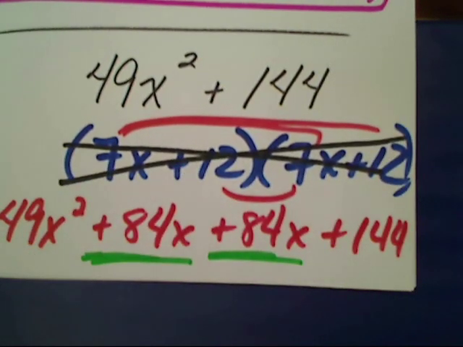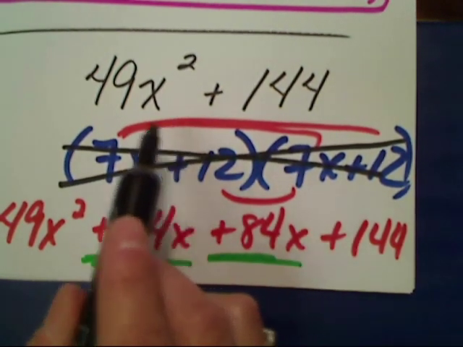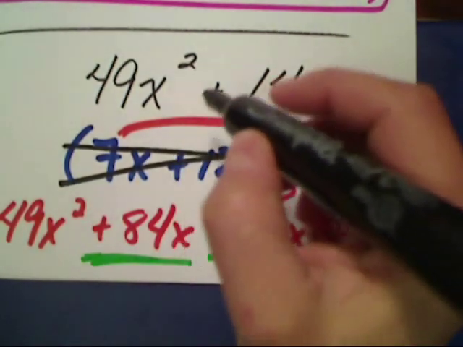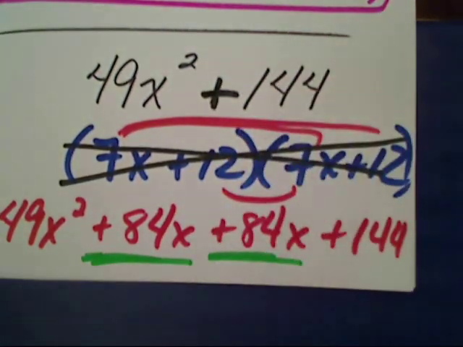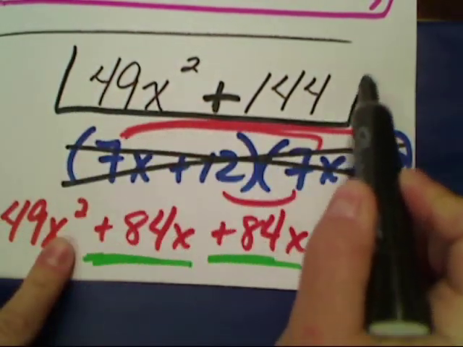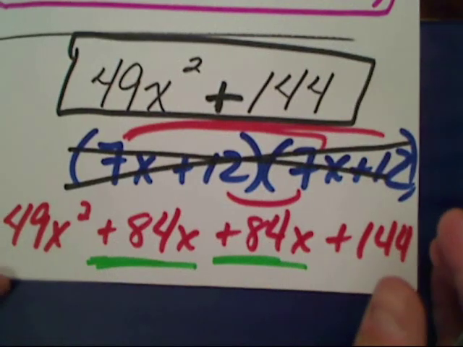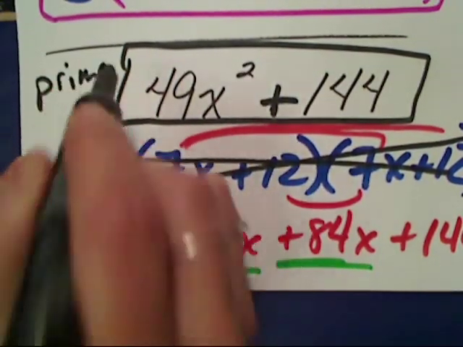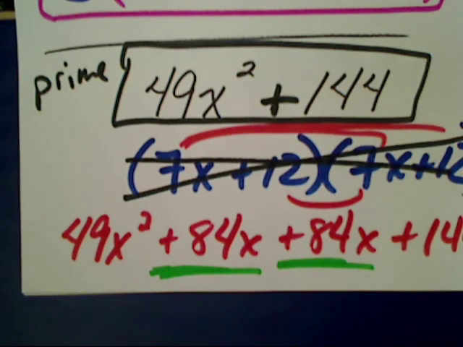Okay? Remember, you can only factor two terms if you have a difference or subtraction. Because this one's being added, you can't factor it further. It's already done. I think your book calls it prime. Because there's a plus sign, you cannot factor that further.